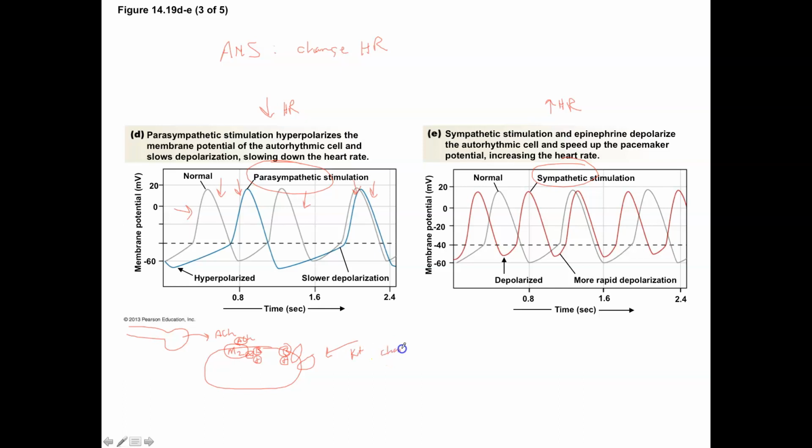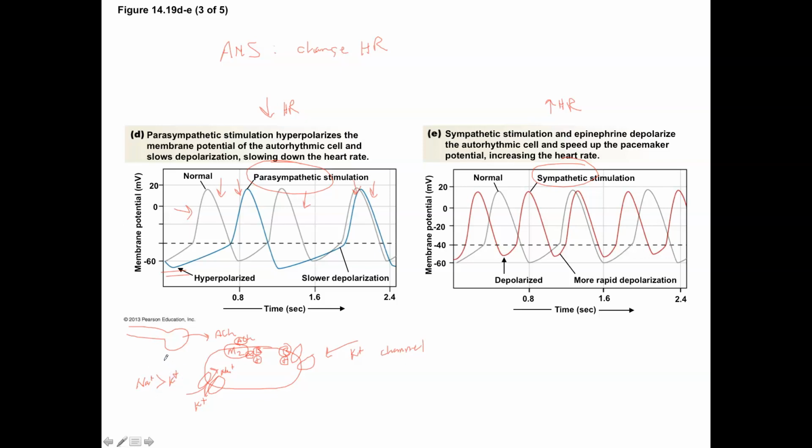Now, you have to remember that the HCN channels are already active. And when you get back to that hyperpolarized state, these HCN channels are open again. So we know sodium's coming in, and potassium's going out, but the sodium going in is greater than the potassium going out.